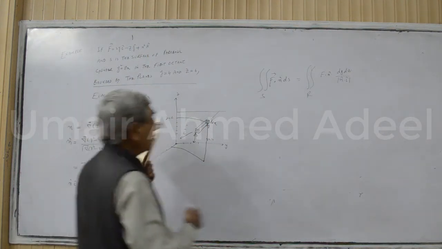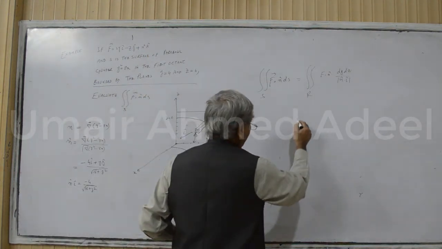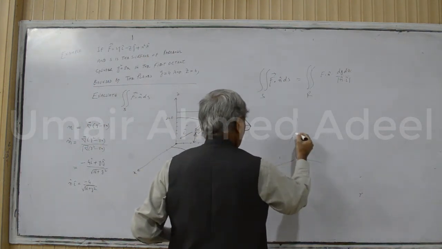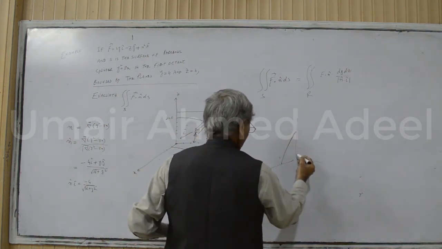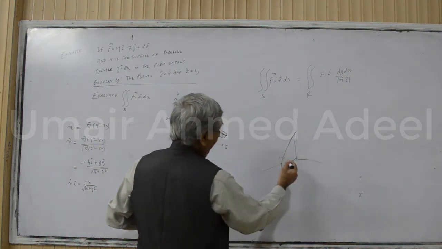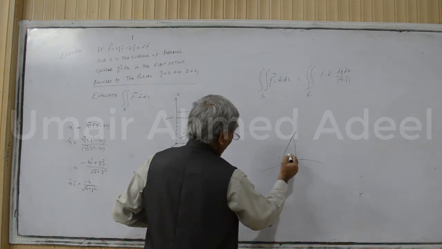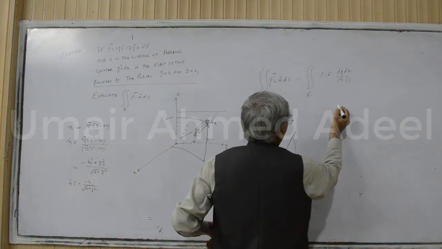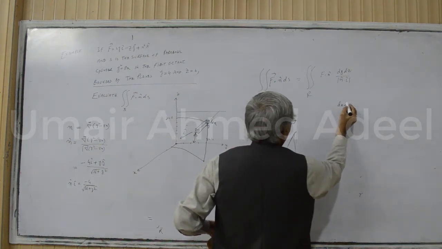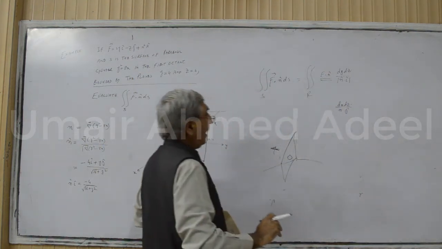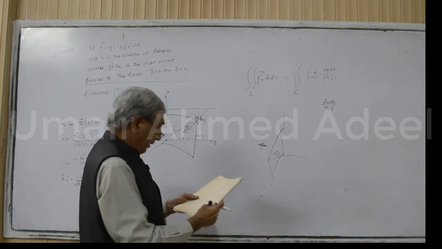If your surface is like this, just another example, coming from here and going there, then it is better to project it in this plane. And in that case, this expression will be dx dz divided by n dot j. The remaining stays the same: F dot n, whatever n is, you will multiply with it.